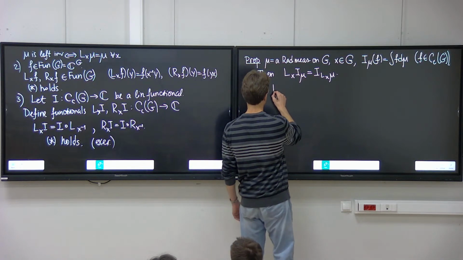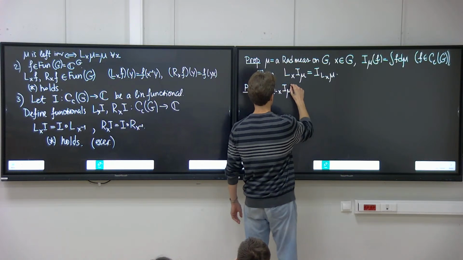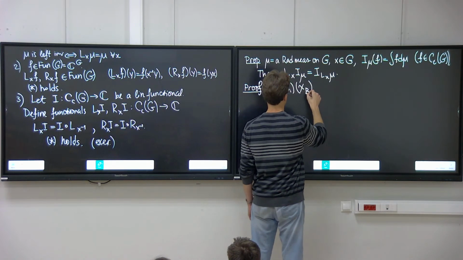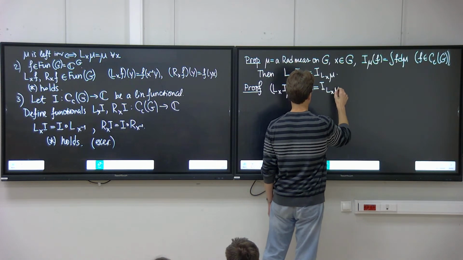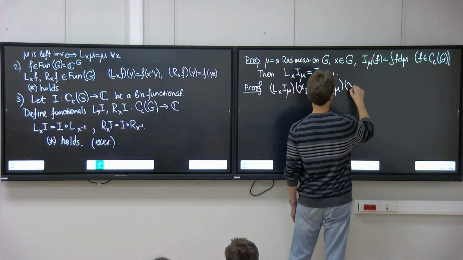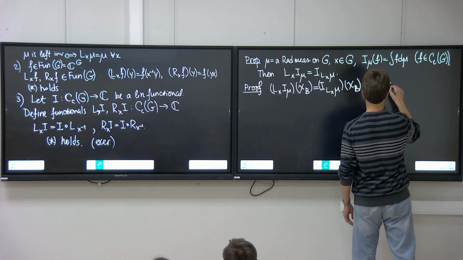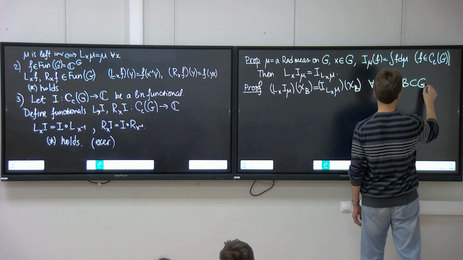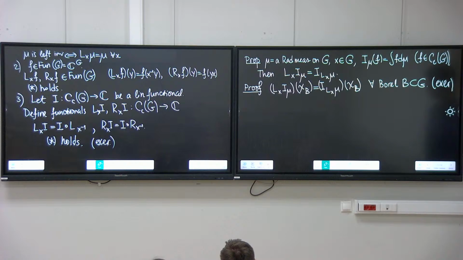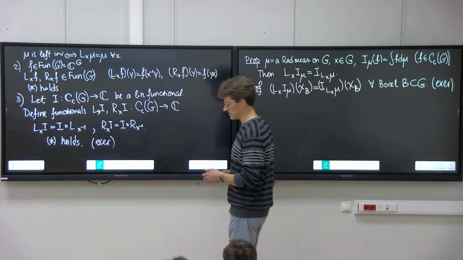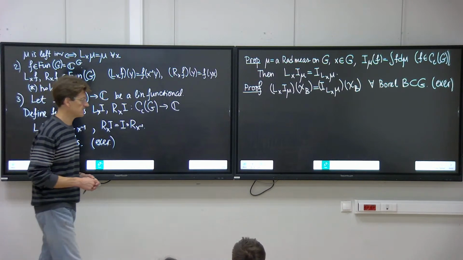Namely, we can easily show by a very simple calculation that both functionals agree on the characteristic function of an arbitrary Borel set B in G. Now we know that every bounded Borel function can be uniformly approximated by linear combinations of such functions.